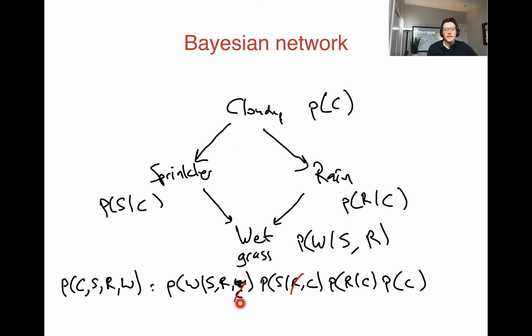We know that C is independent of W given S and R. Once I give you these distributions, I can just multiply them all together like this to get my full joint distribution.